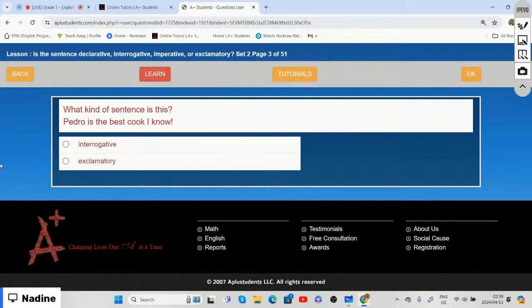All right. And if we choose the correct one, then yes, we will say this is an exclamatory sentence and it ends with an exclamation point. So well done.